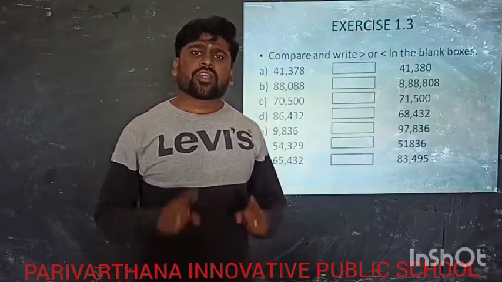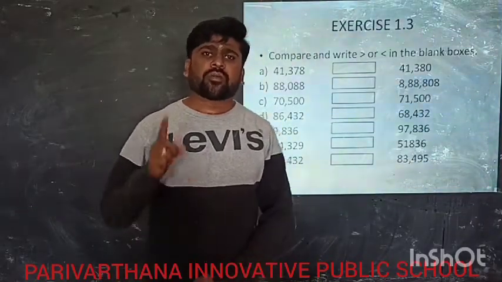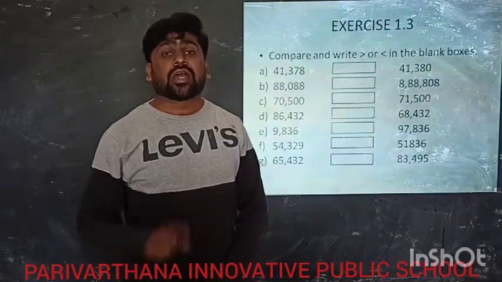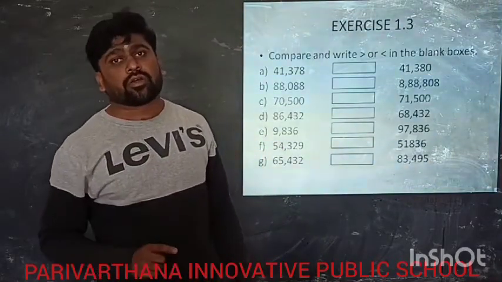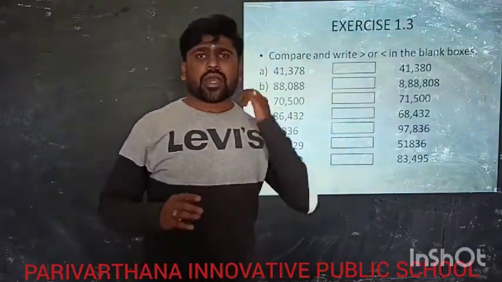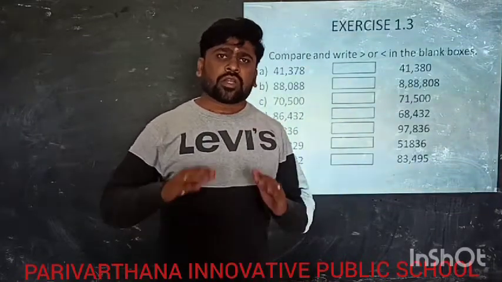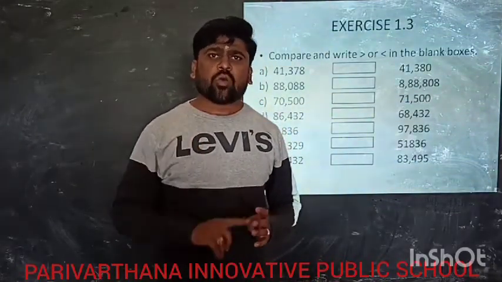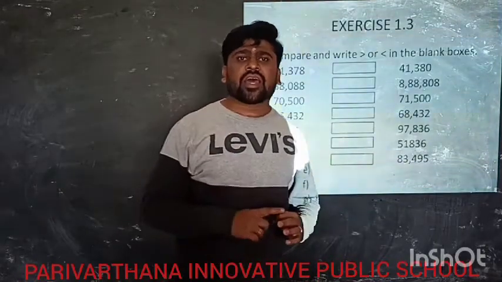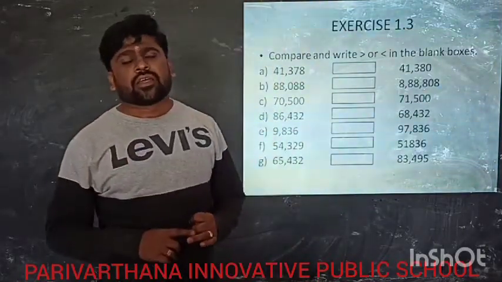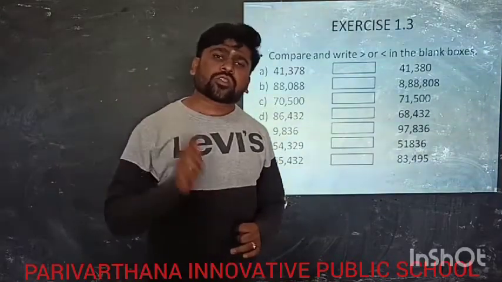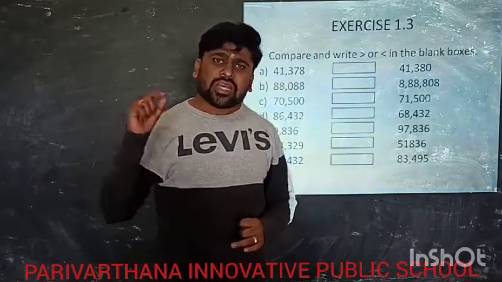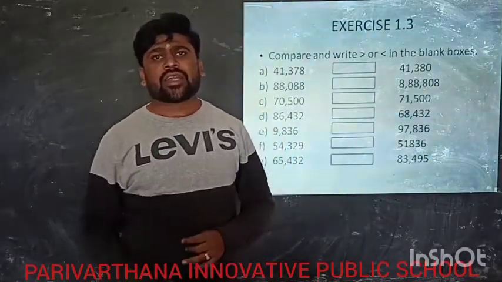Regarding the 4th standard first chapter, we already discussed comparing numbers. You already know that numbers can be compared by three symbols: equal to, greater than and less than. In the previous class, we also discussed ascending order and descending order.